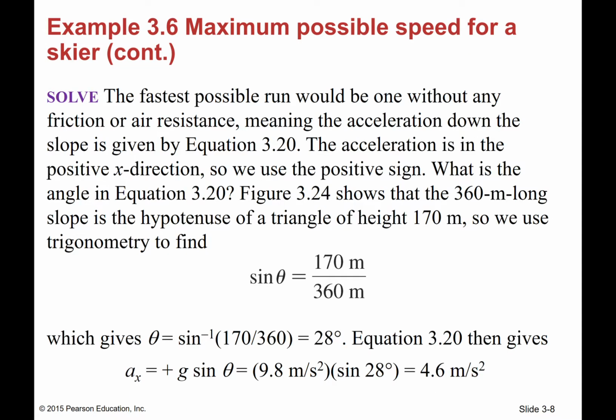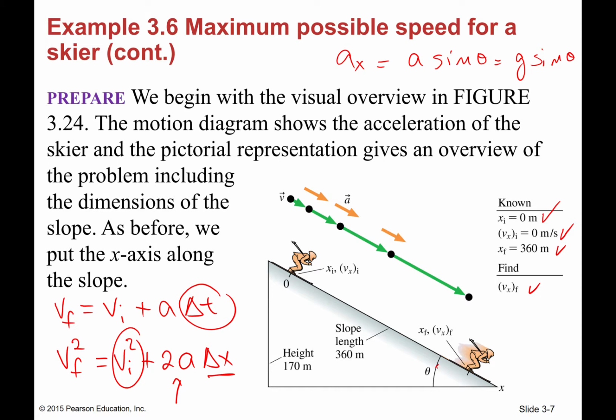So let's put some math here. The first thing we need to do is find this angle theta. So remember, sine of theta is equal to opposite divided by this length here. So this would be 170, which is this one here, divided by this one here, which is 360. So that is the sine.